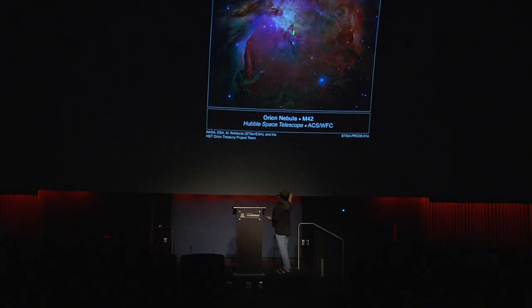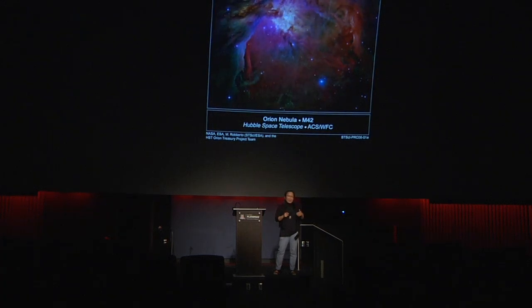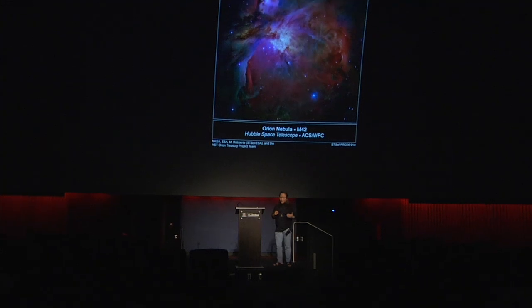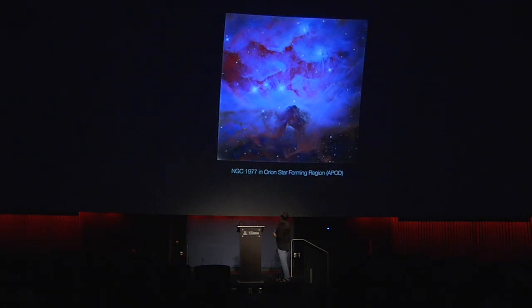But in this environment, there are multiple O and B stars, and within that distance there are thousands of stars. So it's very dense, and it also has very massive stars. So it is a very harsh environment. But this environment is the kind of place that resembles solar system formation. I will keep going.